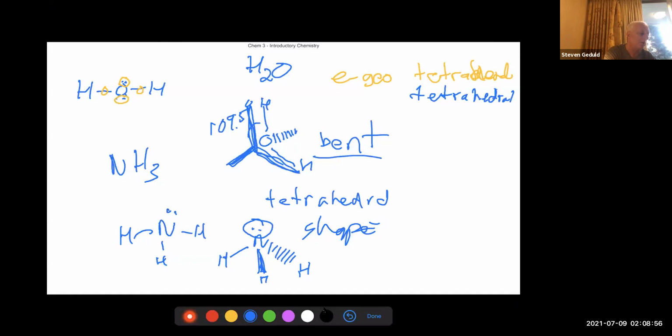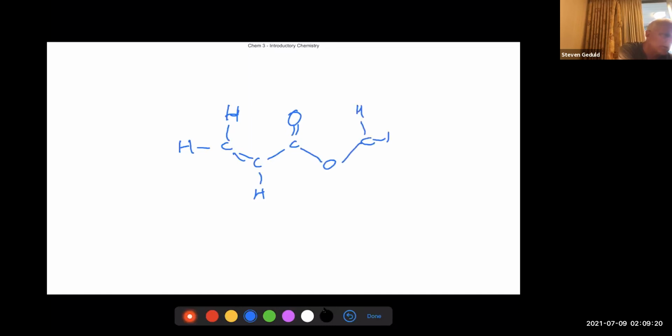All right, so let's do an example. Let's draw this little structure: hydrogen, carbon, hydrogen. Double bond to a carbon, bond to a hydrogen, and then bond to another carbon, double bond to an oxygen, bond to a carbon, bond to 3 hydrogens.